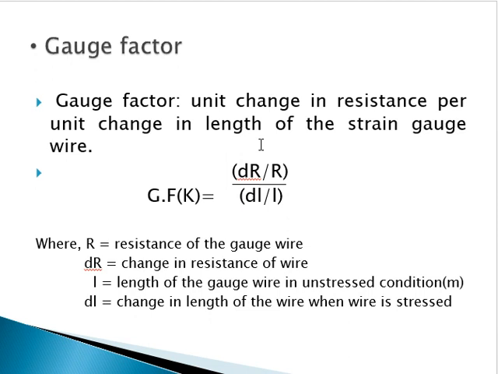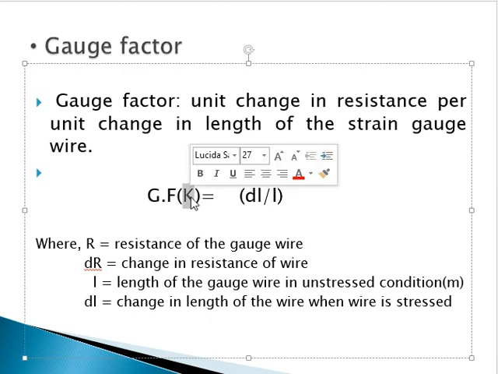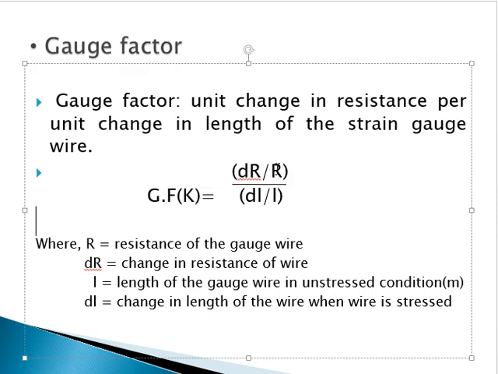Suppose there is a strain gauge wire. The gauge factor is described by K, and it is given by unit change in resistance per unit change in length.